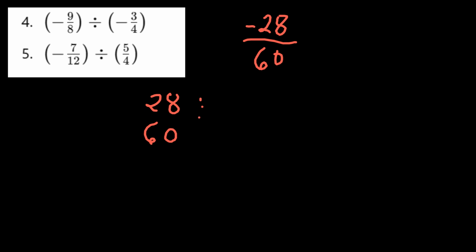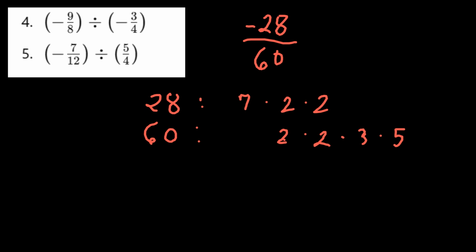In order for us to see the common factor to both numbers, we have 28 as 7 times 2 times 2, and for 60 we have 2 times 2 times 3 times 5. Why is this like that?